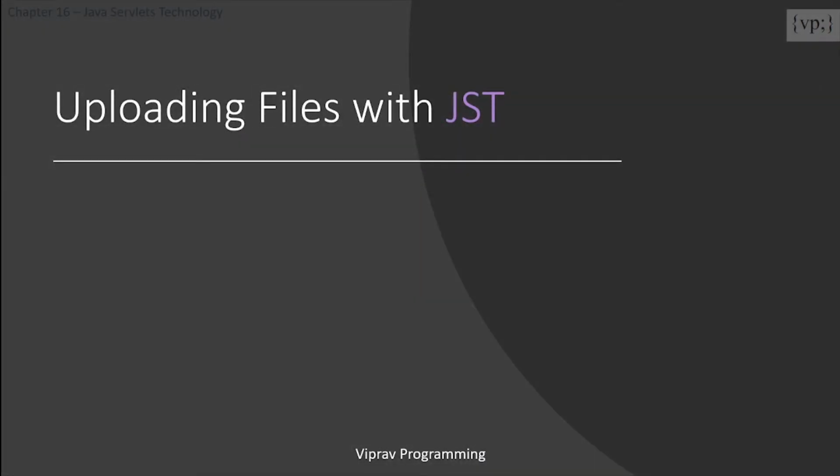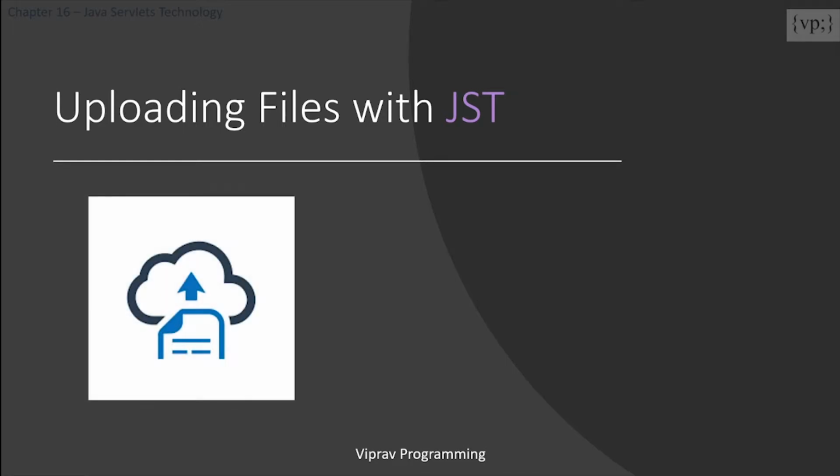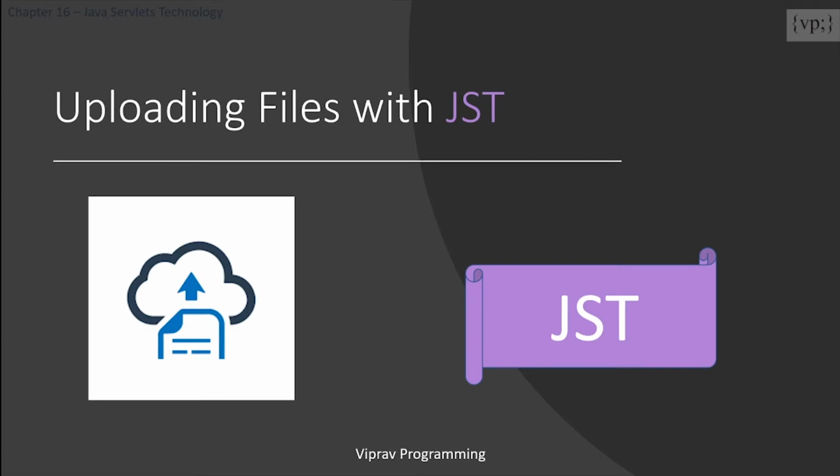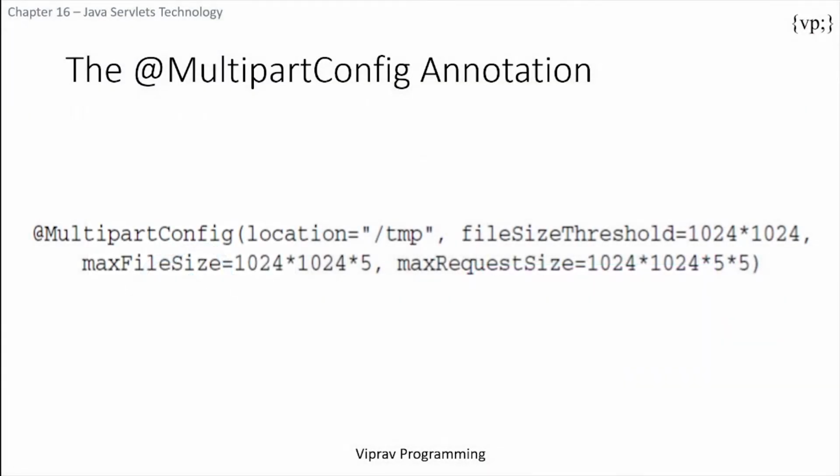Now, in recent years, uploading files has become a common requirement for many web applications. In prior versions of the servlet specification, you had to use external libraries and complex input processing. Now, JSP comes with file uploading straight out of the box, with MultipartConfig annotations.